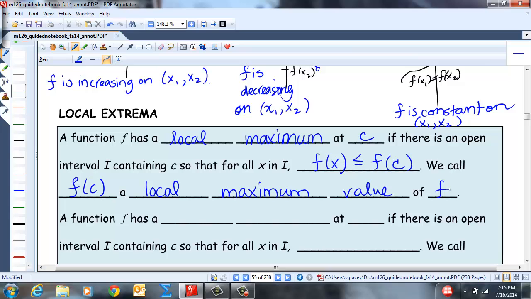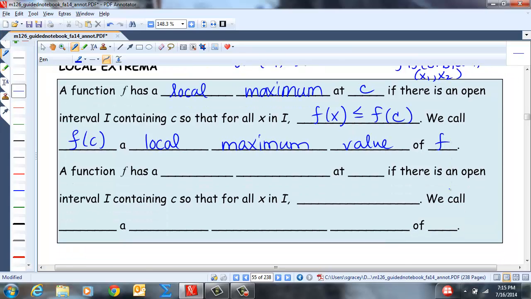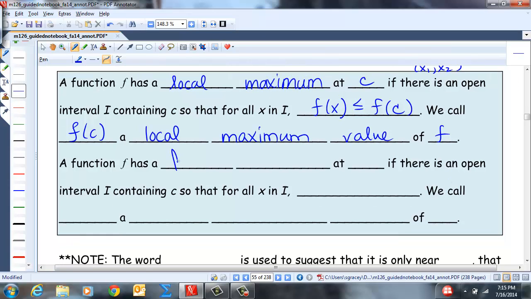Now a function f has a local minimum at c if there is an open interval I containing this input value c, so that for all x in I, f of x is greater than or equal to the function evaluated at c.